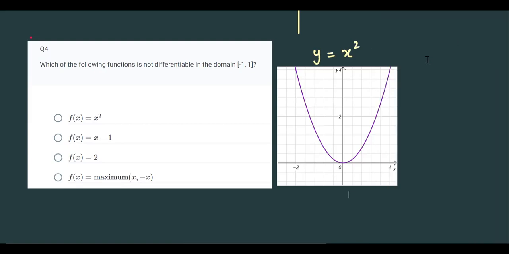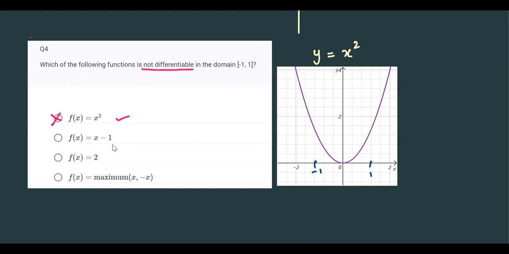It's a smooth, continuous curve, and between -1 and 1 the function is a smooth curve. It is a differentiable function. The question asks for the function that is not differentiable. So this is not the option to be marked.